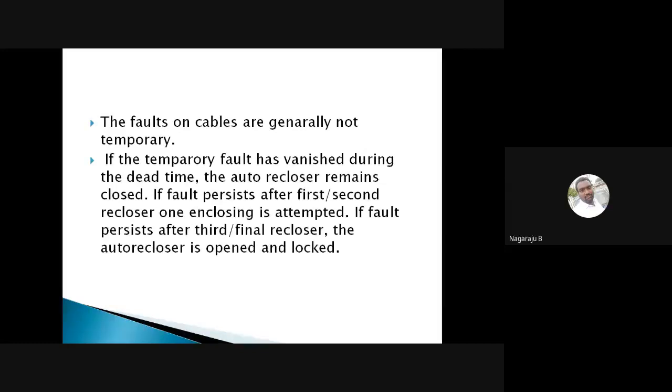Why? Whenever you are using a three phase recloser, it has a circuit with an internal star connection.